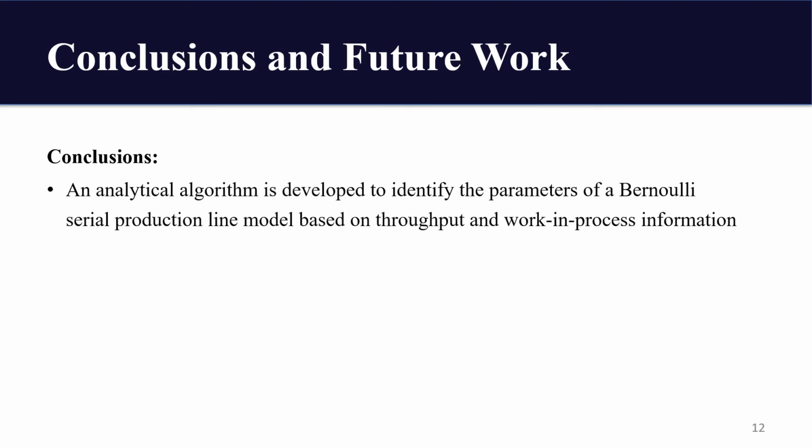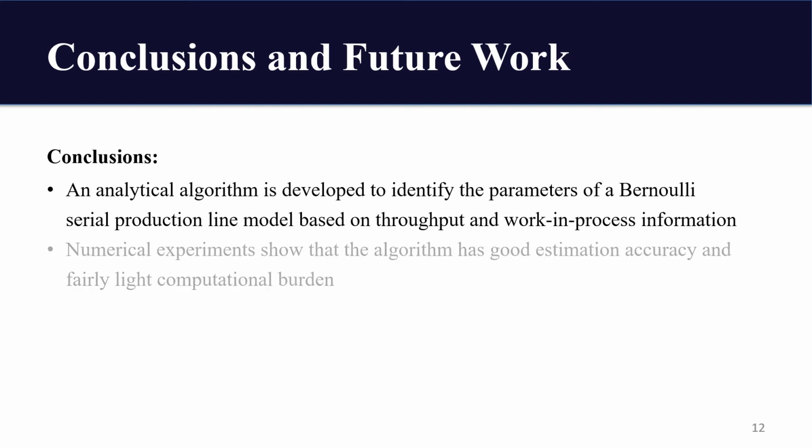An analytical algorithm is developed to identify the parameters of a Bernoulli serial production line model based on the throughput and work in process information. Numerical experiments show that the algorithm has good estimation accuracy and fairly light computational burden.